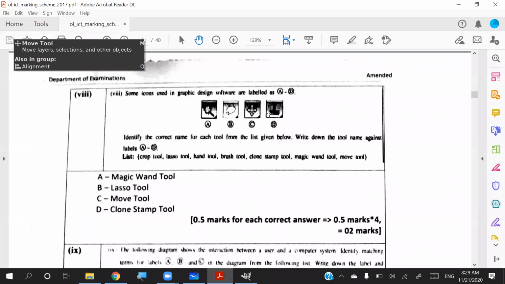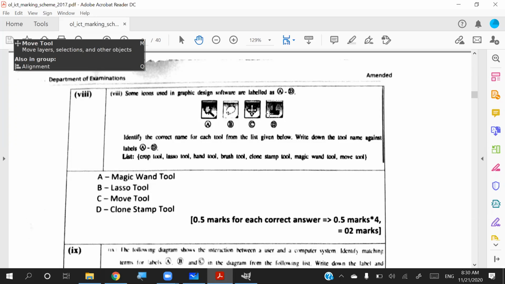The D is the clone stamp tool, right? The clone stamp tool, we use it to clone some things. It can copy from one place and set the same thing in another place. That means we can copy an area to some other place as we need, right? That is not a copy paste that we do. We give a position, and relative to that position, when we paint somewhere else, the things at that position get painted.